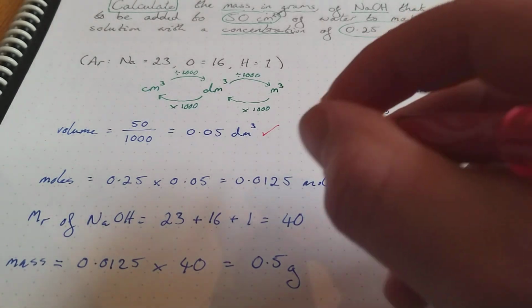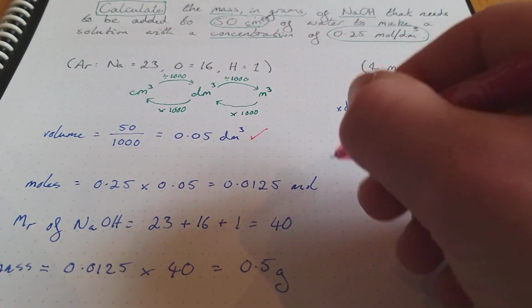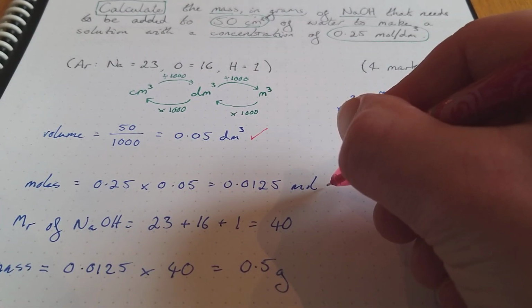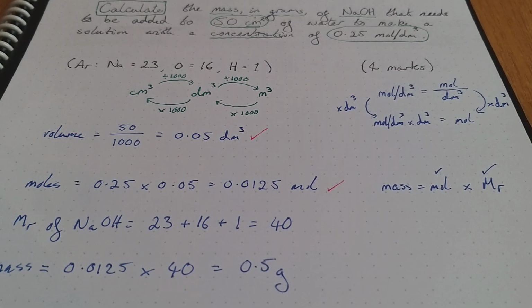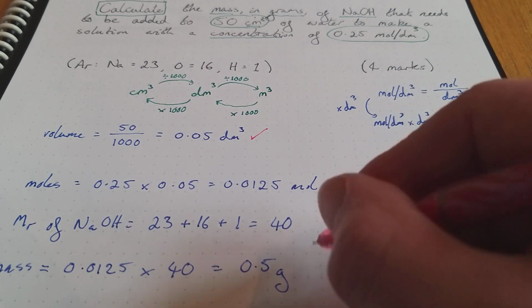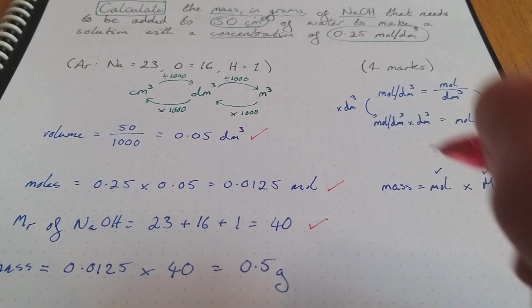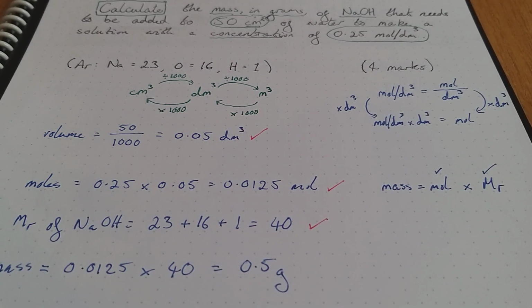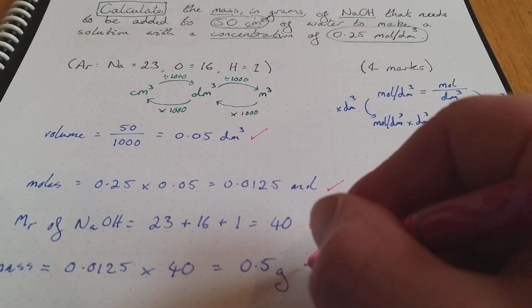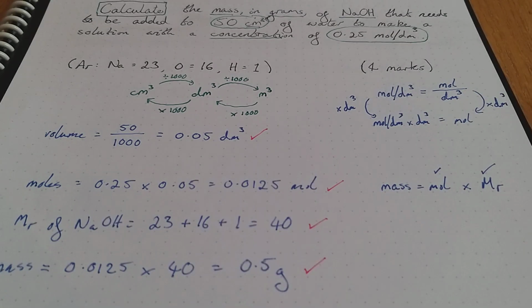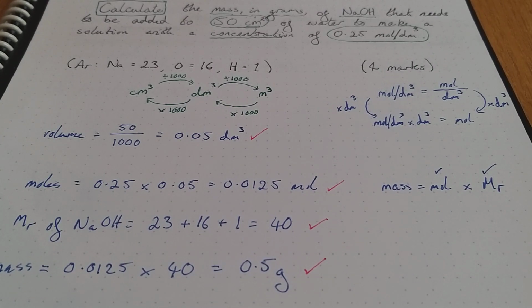The second mark is for working out the number of moles by doing concentration multiplied by volume. The third mark is for working out the relative formula mass of sodium hydroxide. And our fourth mark is by doing the moles multiplied by the relative formula mass to give us the grams of sodium hydroxide.